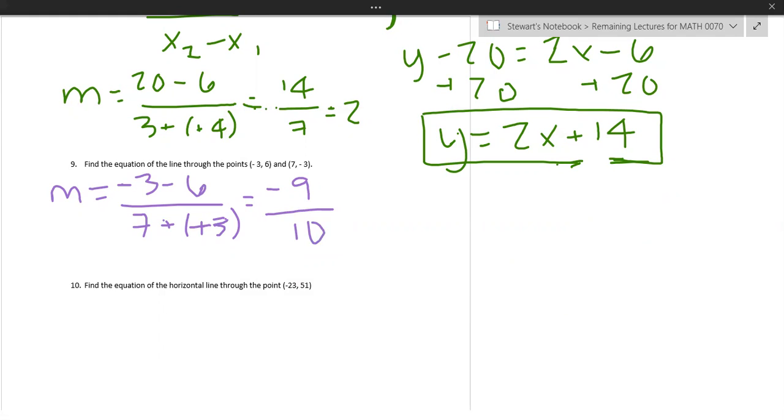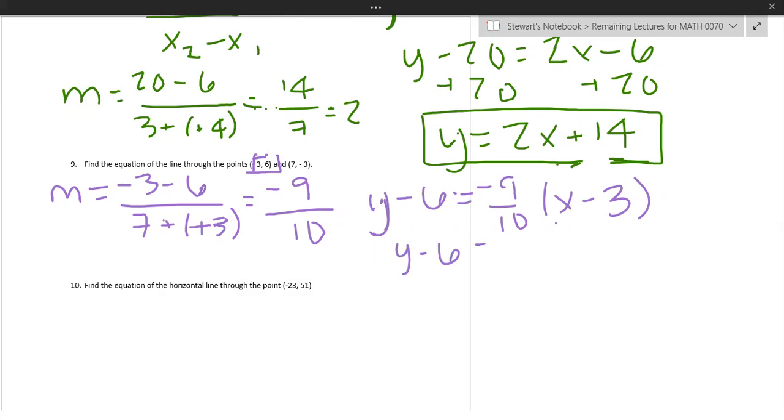And then I'm just going to pick this point to use for point slope form. So we have y minus 6 is equal to -9/10 times x minus 3. We're going to distribute this: y minus 6 equals -9/10 x plus 27/10.